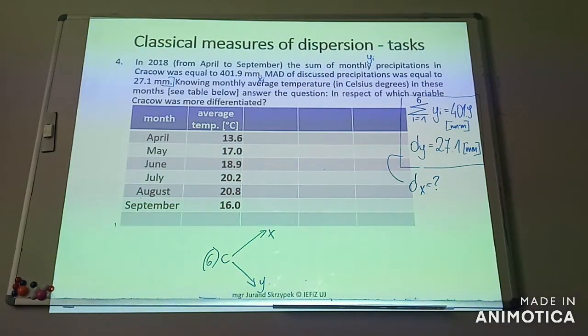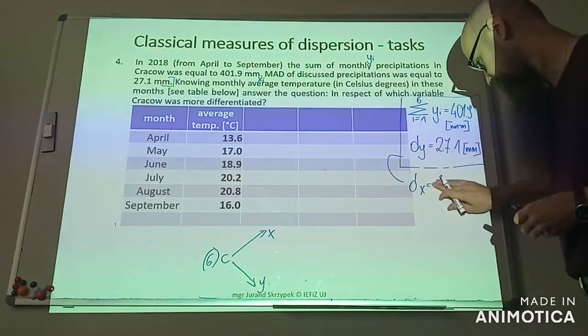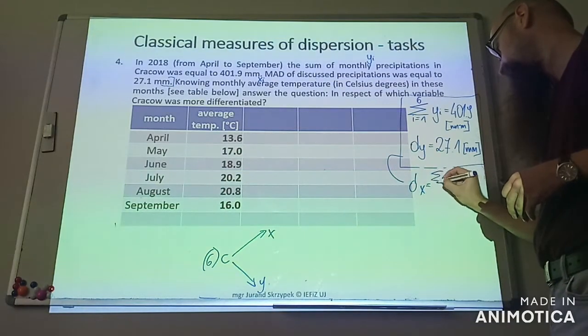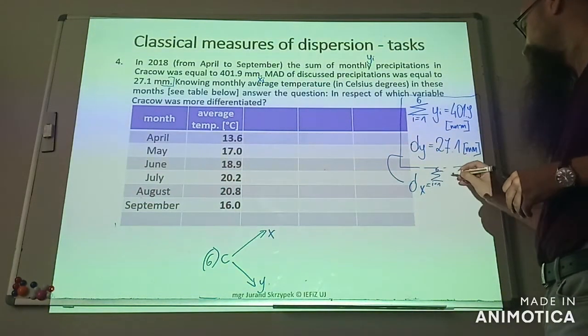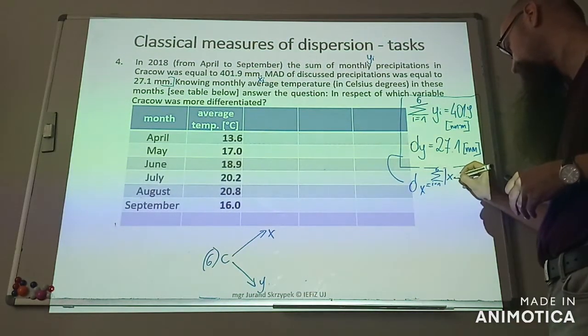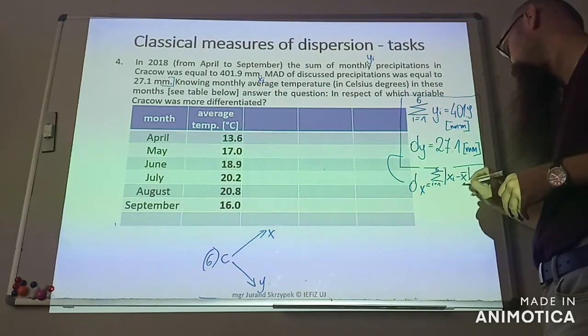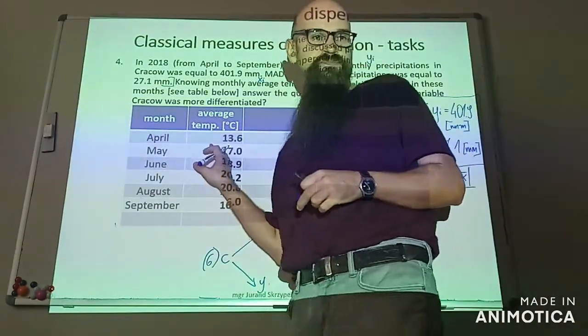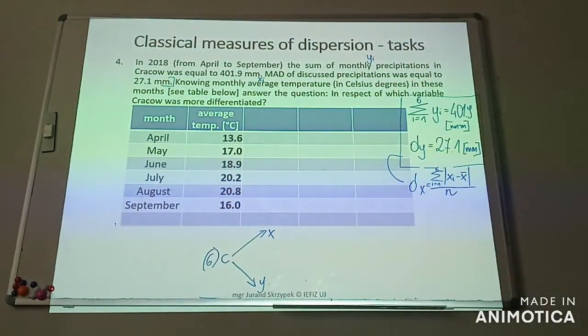The first step is to show the formula for mean absolute deviation of monthly average temperature. This will be the sum from i equals 1 up to 6 of the modules of xi minus x mean, divided by n, the number of observations, because we are talking about time series with monthly frequency.